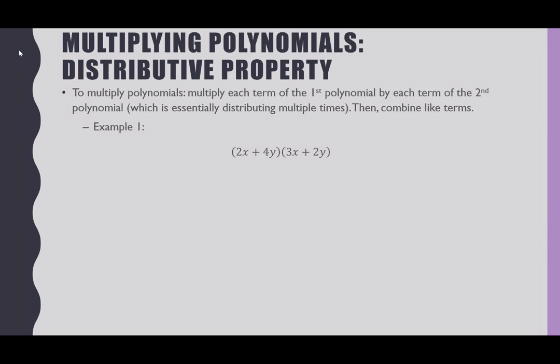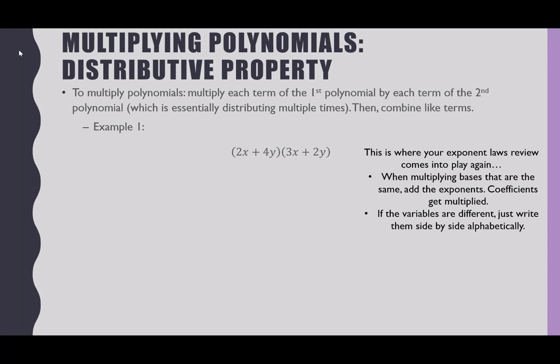So for example, if I have 2x plus 4y multiplied by 3x plus 2y, I'm going to distribute the 2x in the first set of parentheses. And here's where your exponent laws come into play again, because when you're multiplying 2x and 3x, the bases x and x are the same.